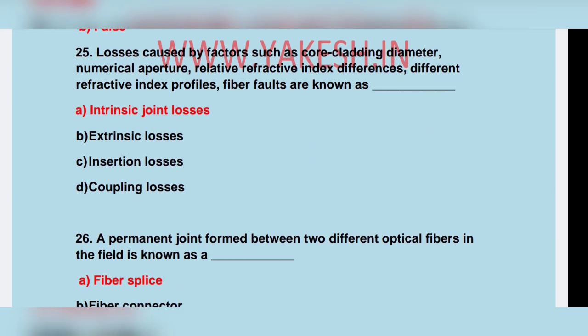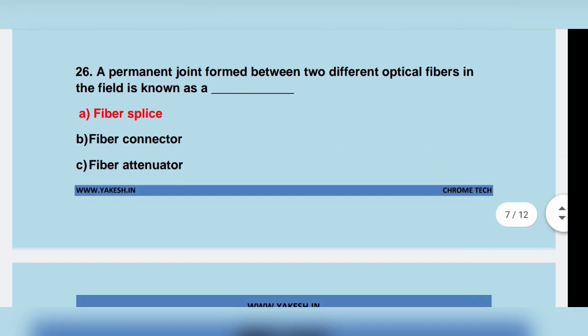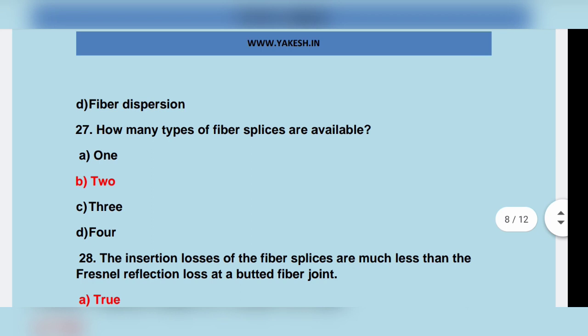Losses caused by factors such as core and cladding diameter, numerical aperture, relative refractive index, and different refractive index profile of fiber faults are called intrinsic joint losses. Option A. The permanent joint formed between two different optical fibers is known as a fiber splice. Option A. How many types of fiber splices are available?